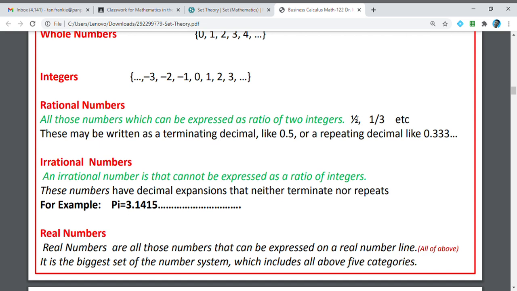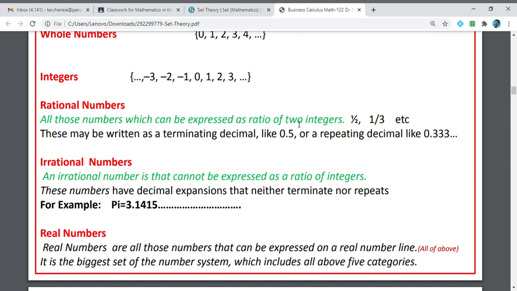Okay, for example, 1 half. 1 half is an example of a rational number. a here is 1, your 2 is b. And as what I told you, based on the definition of a rational number, your b should not be equal to 0, so that this kind of fraction is defined.